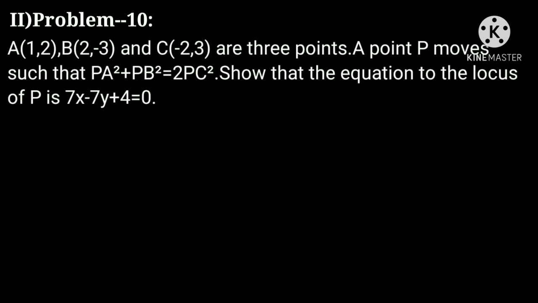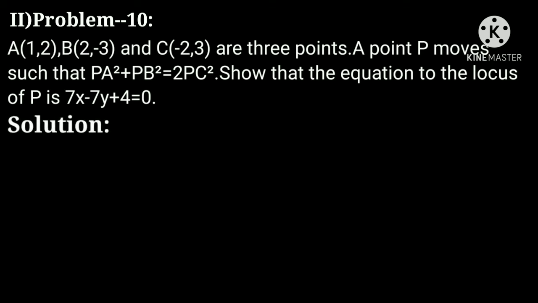This is our given problem. In this problem, we have to show the equation of locus of P is 7x - 7y + 4 = 0. For that, the given condition is PA² + PB² = 2PC². Now, we will find out the solution.